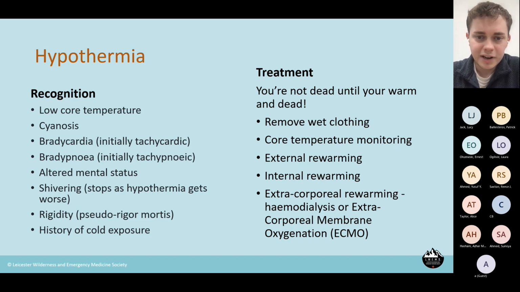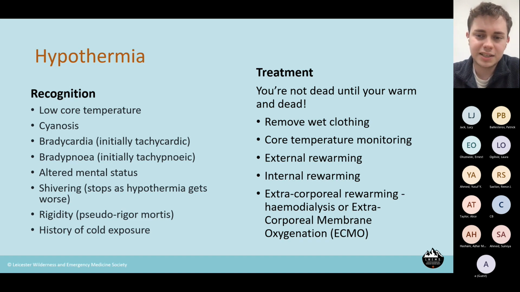So you'd want to remove any wet clothing, monitor their core temperature. So that means something like an esophageal temperature probe or a rectal or bladder temperature probe. You can do external rewarming, so with things like warm blankets or the bear hugger that you might have seen in surgery and things like that. Internal rewarming, so with warmed IV fluids.